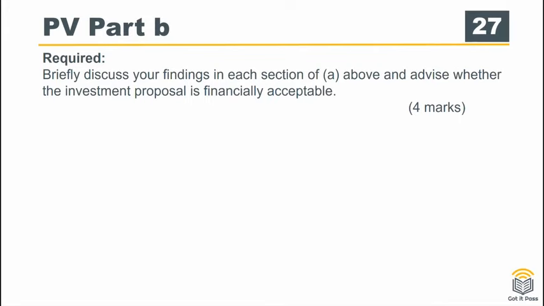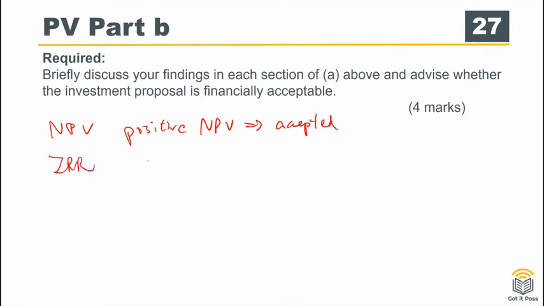Okay, remember the NPV rule: positive NPV, then accepted. The IRR rule is once the IRR is greater than the cost of capital, accepted.